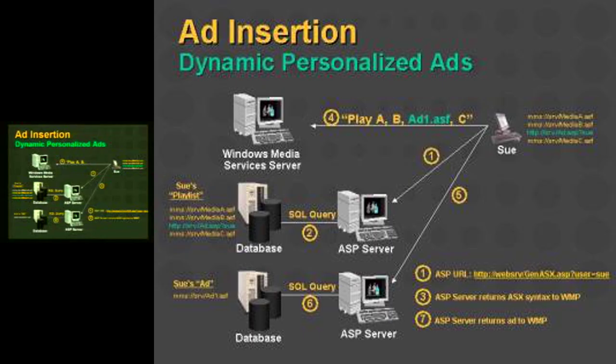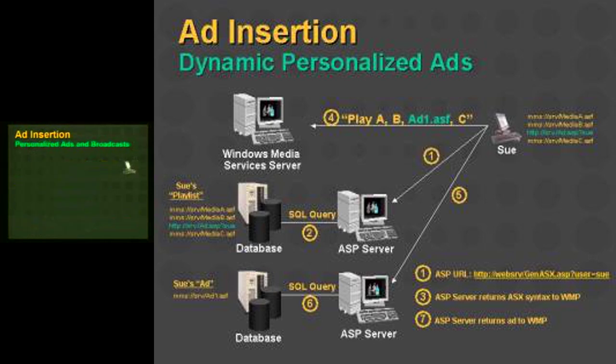The query is made for Sue again, based on the question mark after the ad.asp. Then that content is sent back to the player, and that ad is inserted into the playlist as ad 1 or whatever, and then it continues on. So that is one way of looking at how you can put together personalized ads dynamically in the player.